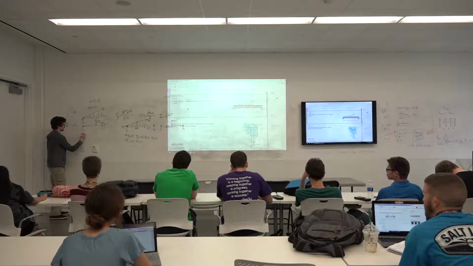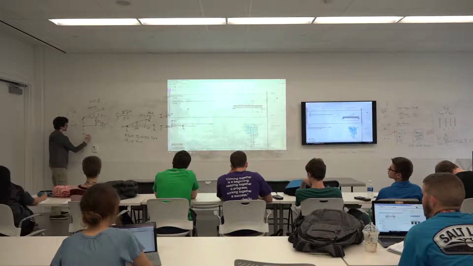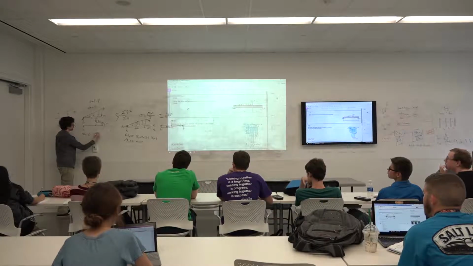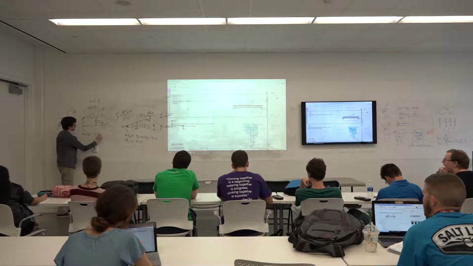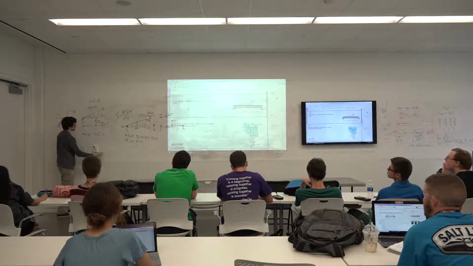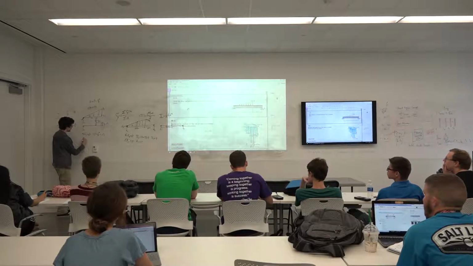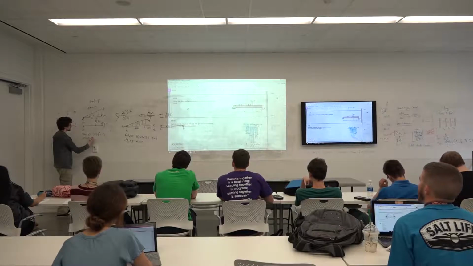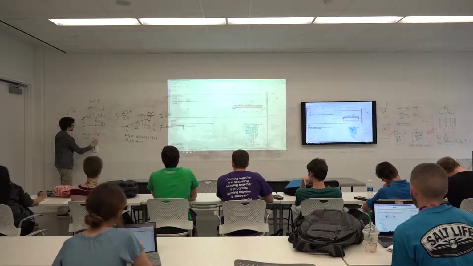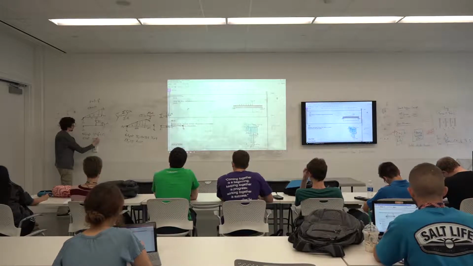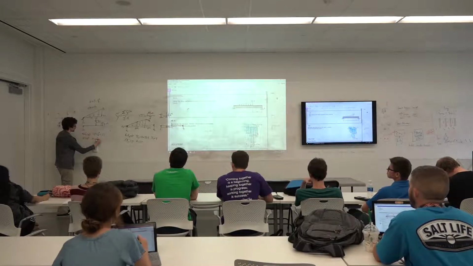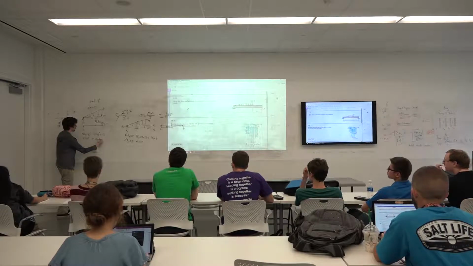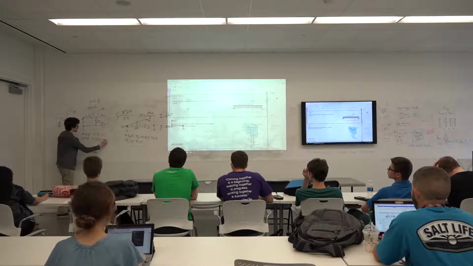Now we can sum the forces in the y direction, and that will be V plus X squared over 8 is equal to 10. And we'll sum the moments. And that will be moment plus X squared over 8 times X over 3 minus 10X.